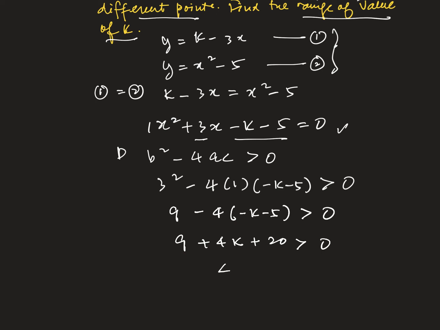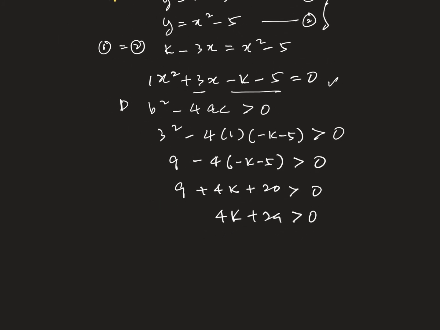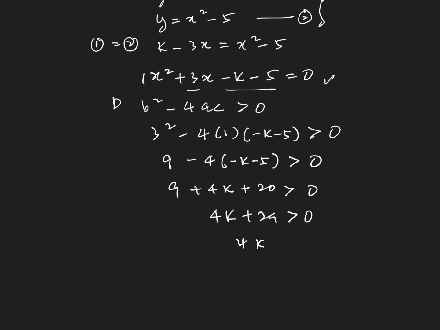So this is 4k plus 29 larger than 0. 4k is larger than negative 29, so k is larger than negative 29 over 4, which is equal to negative 7 and 1 over 4. So the range of k is k larger than negative 7 and 1 over 4.